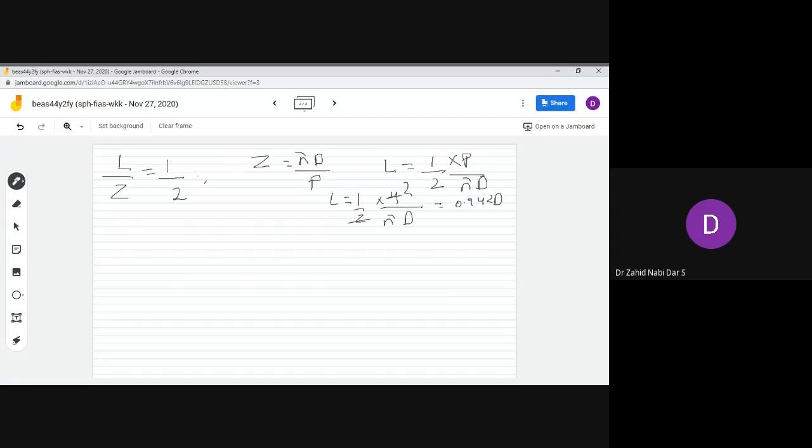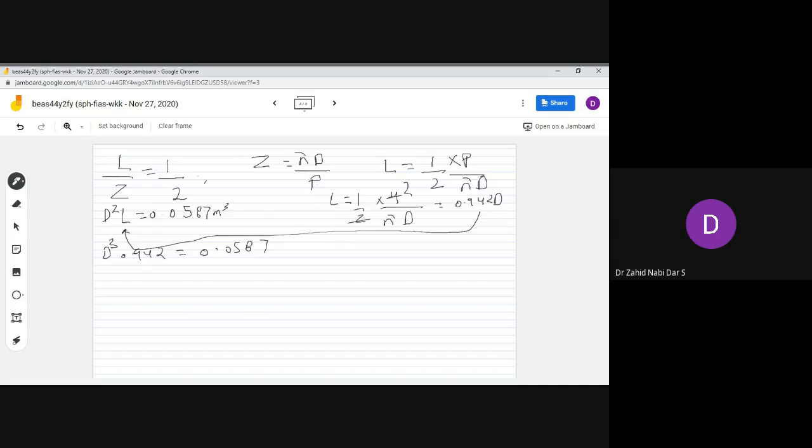On top of this, we also have d square L, which was equal to 0.0587 meter cube. Now substituting the value of L from 0.942d into this equation, we get d cube into 0.942 equal to 0.0587.